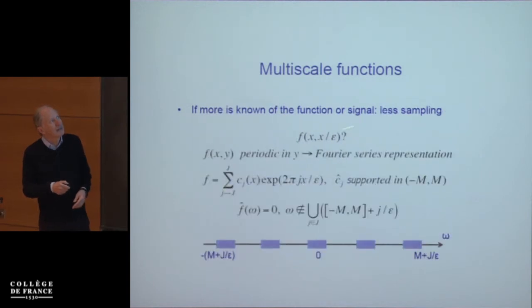So the idea is, if it's band limited in the second variable and periodic, you can do a Fourier series representation. If you then also look at the transform part, you would find that the coefficients, I forgot, there should be a C over there, have a support on a set that doesn't range all the way from the negative part to the positive, but has gaps. So it will look like that.